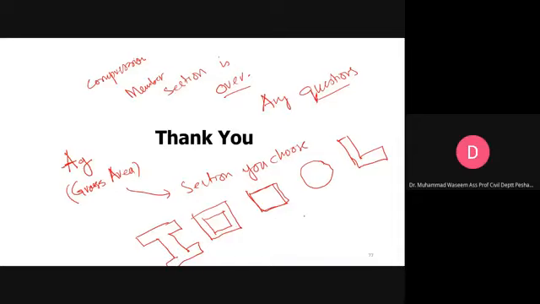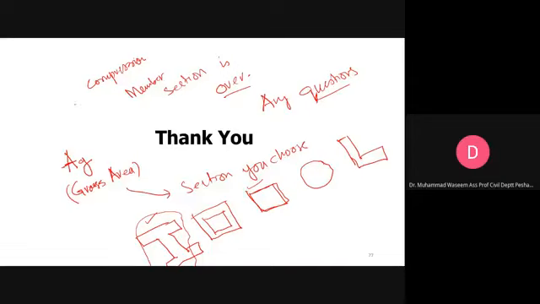It is your choice. But from the academic point of view, there is one section that is mostly used as a compression member. This section is also used as a beam member or flexure member as well. So it is your choice. But due to the limitation of time, we will only do one example with one section.